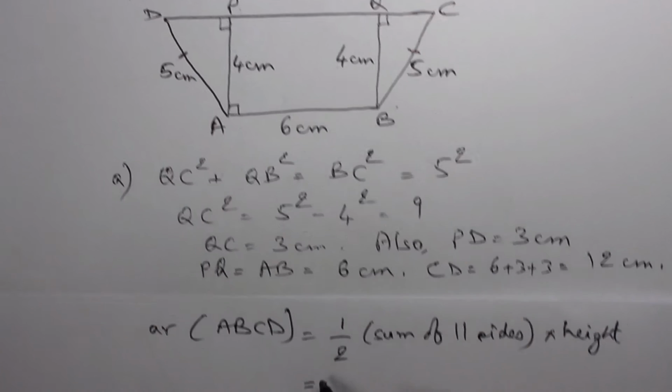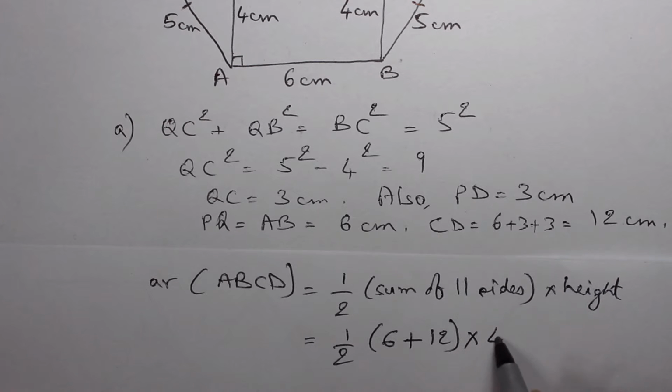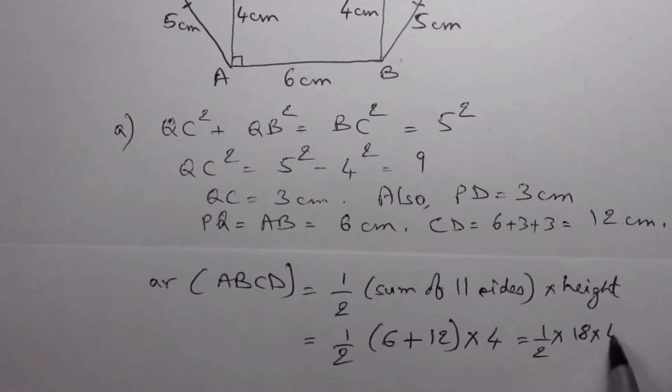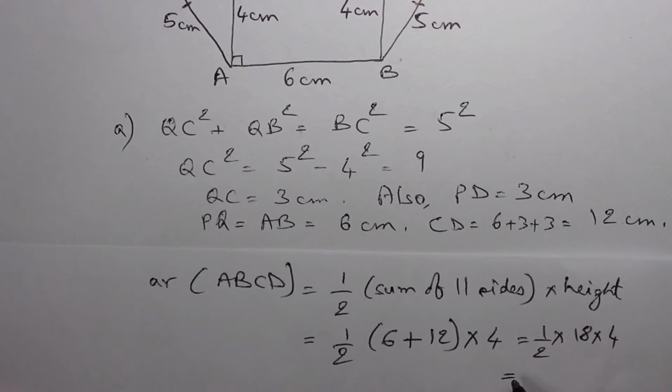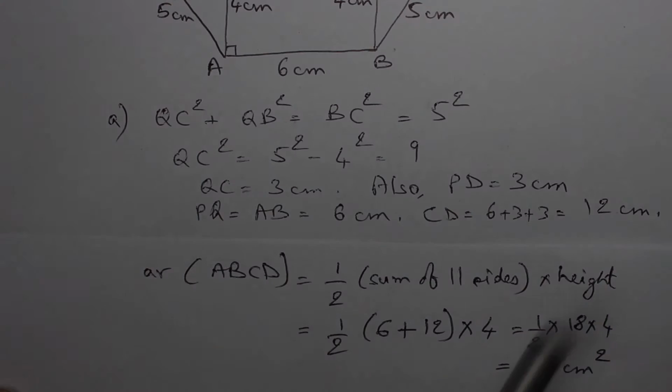So this is equal to half into the sum of the parallel sides, which are 6, which is AB, plus CD, which is 12, into the distance between them, which is 4. So this is equal to half into 18 into 4, which is equal to 36 centimeter square.